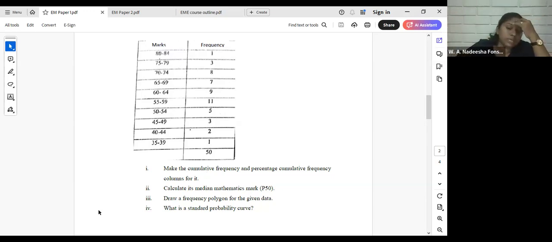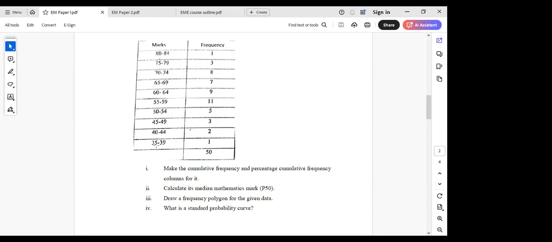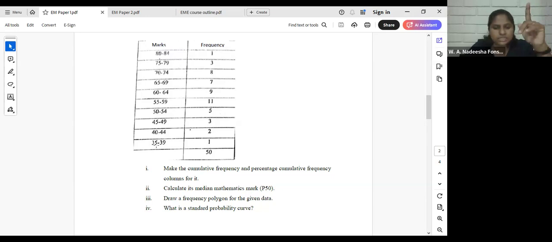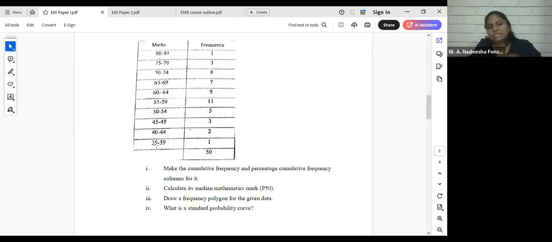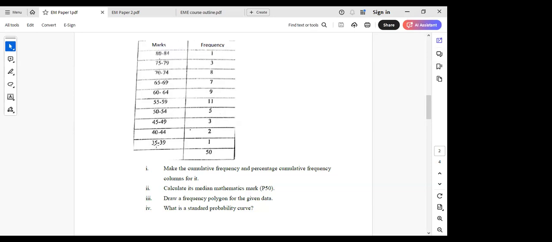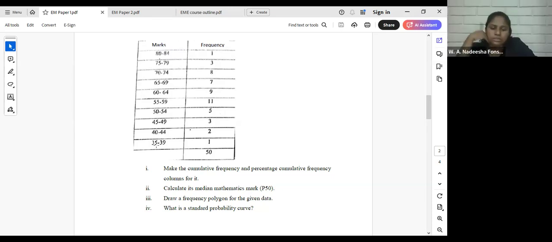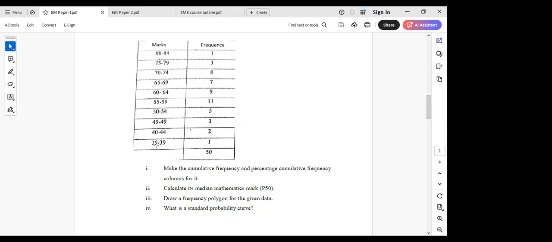Within the class 35 to 39, what is the mid value? 37. So the first data point is x-axis 37, y-axis 1. Then the second data point is 42, 2. That's easy, I think. Like that, you can complete the polygon.